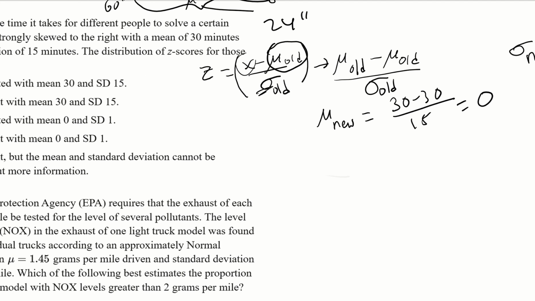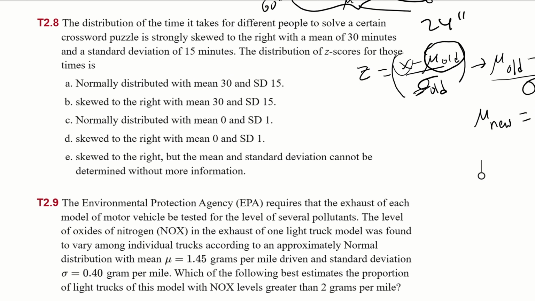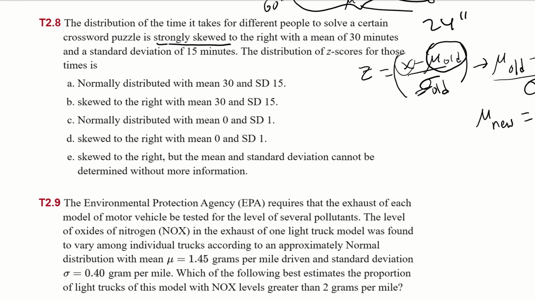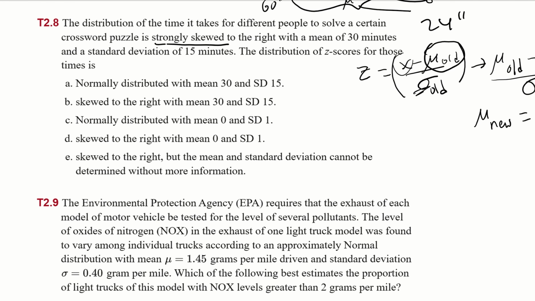Now, what do transformations do to the shape? Well, the original shape is strongly skewed to the right. Addition or subtraction, multiplication or division do not affect the shape. So whatever the original shape is going to remain intact. So the new shape is still going to be skewed to the right. Therefore, the answer is it's not going to be normally distributed.